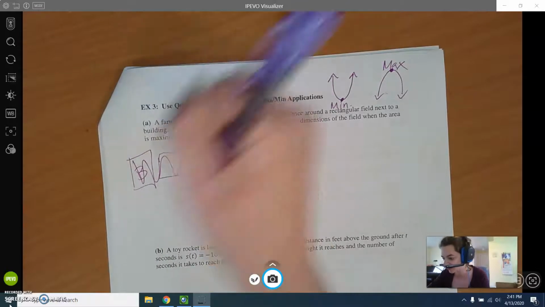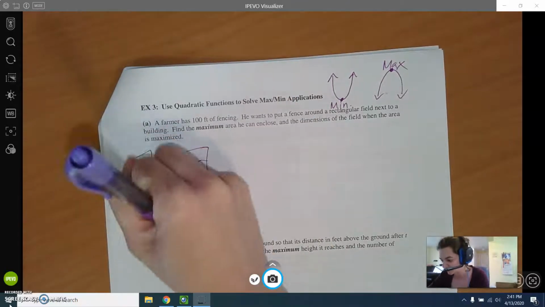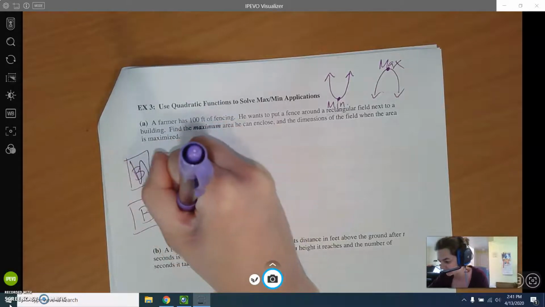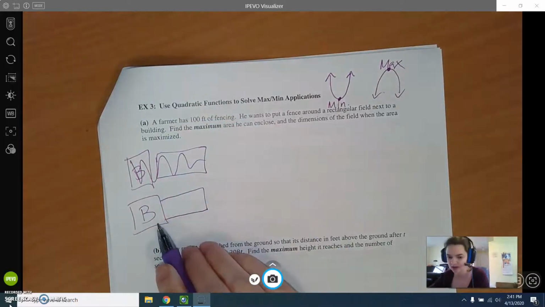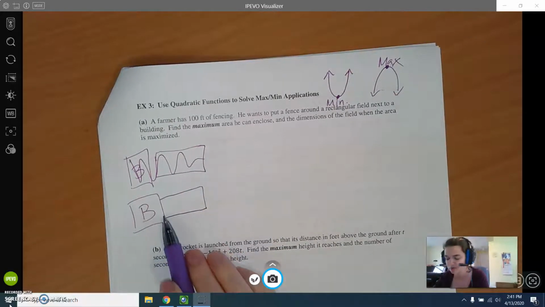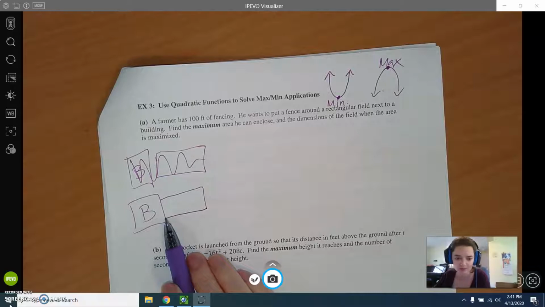So here's my building, and you're going to have this rectangle next to it, touching the building. The building will be one side, so we won't need fence where the building is.